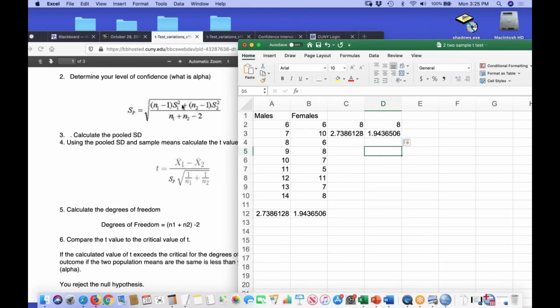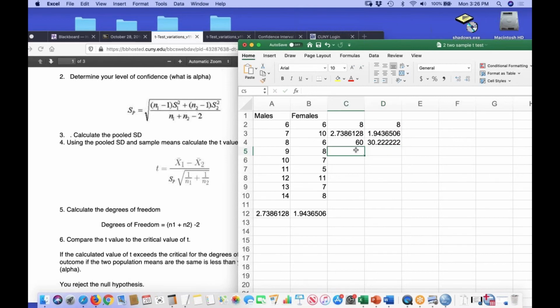So now, in order to finish the top, this is equal to 8 times the standard deviation times itself, the standard deviation squared. That's going to be equal to 60. On this one, it's going to be equal to 8 times the standard deviation for group 2 squared.